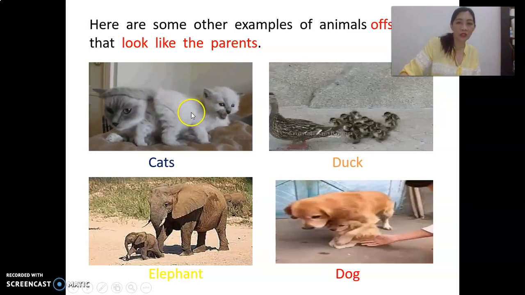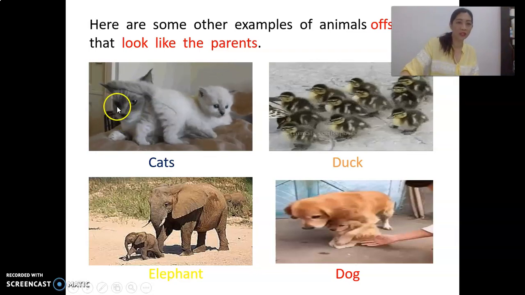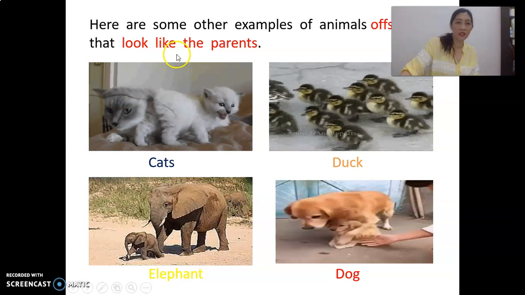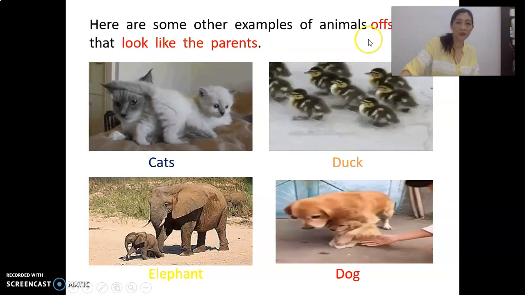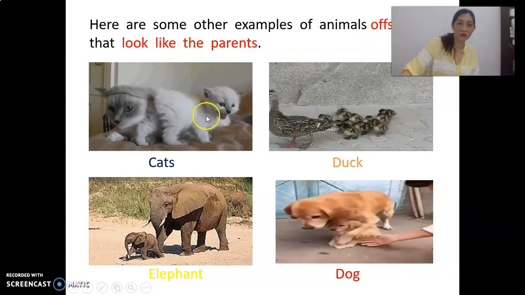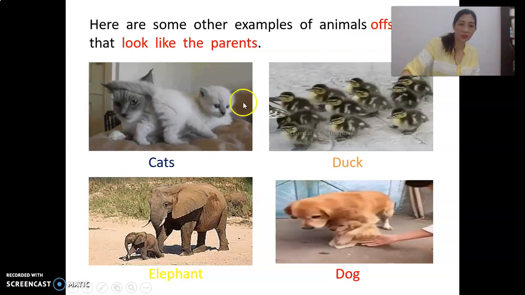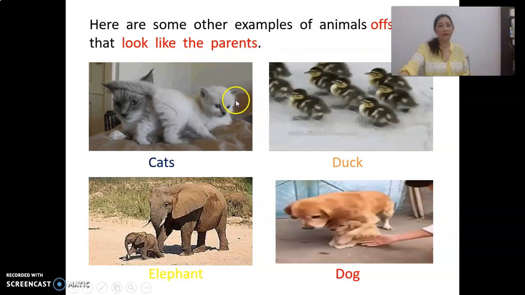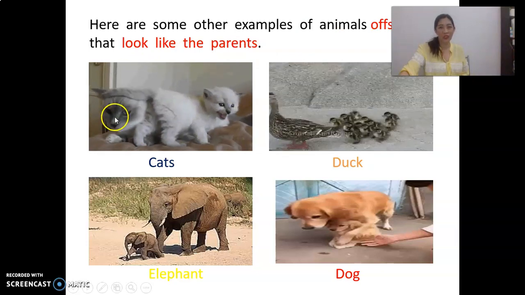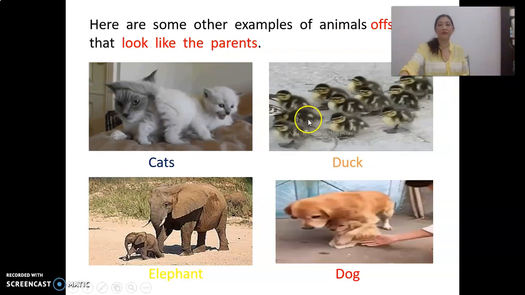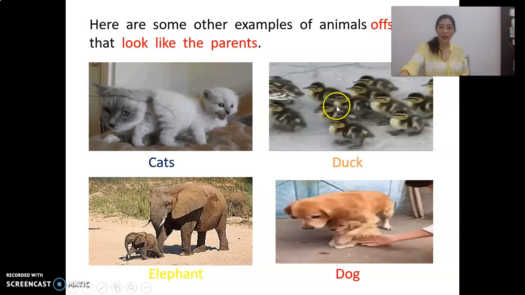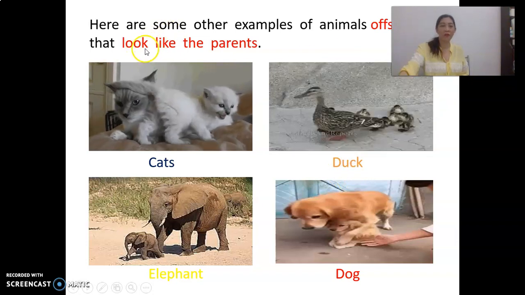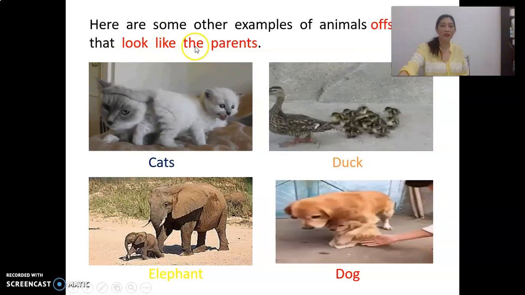So number one example is cat. So cat looks like their offspring. So this offspring looks like their parents. Then cat is another example of offspring looking like their parents.